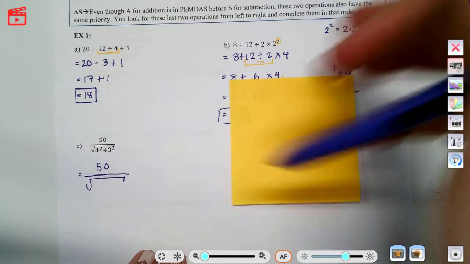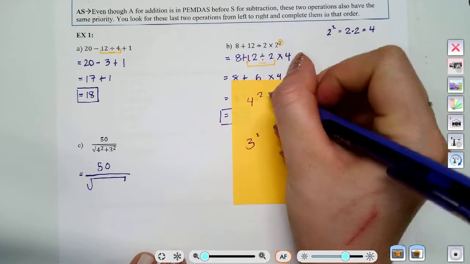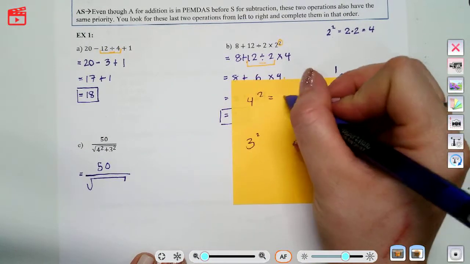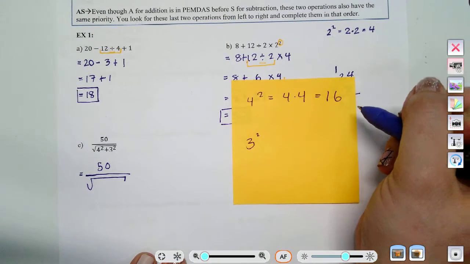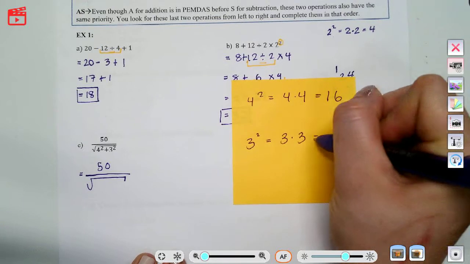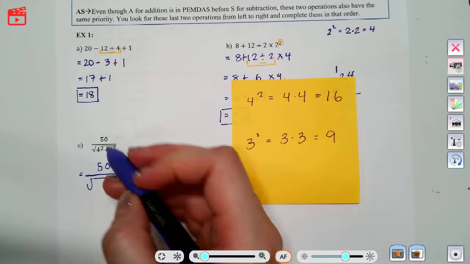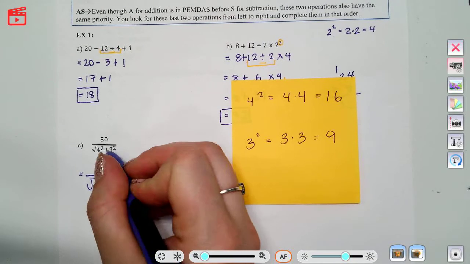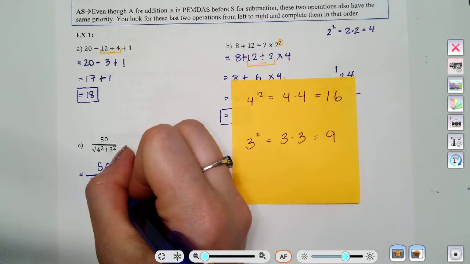We have 4 squared and 3 squared we're working with. So 4 squared is 4 times 4, which is 16. 3 squared is 3 times 3, which is 9. So writing that down, 4 squared was 16, copy down the plus sign, and 3 squared is 9.